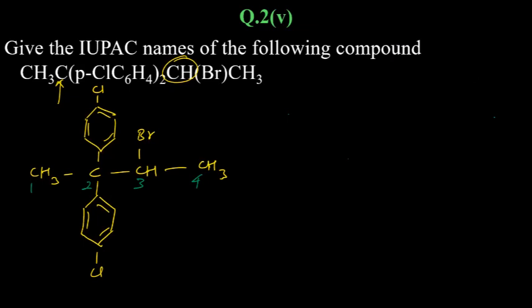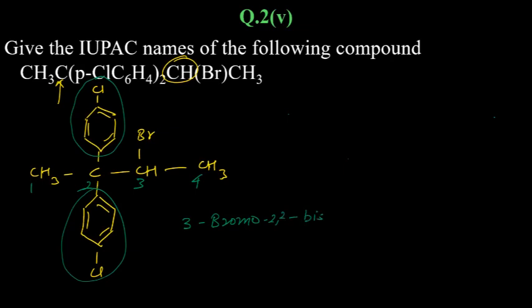Okay. So it will be 3-bromo, 2,2-bis. Remember, if we have this one multiple connected, the name here will be 3-bromo, and because there are two groups attached on the second carbon, you will say 2,2-bis. Why am I using bis?